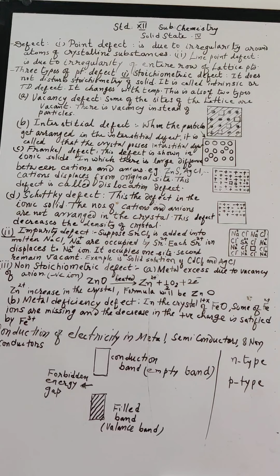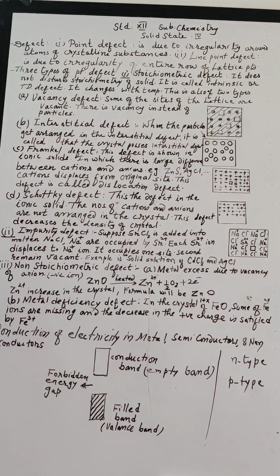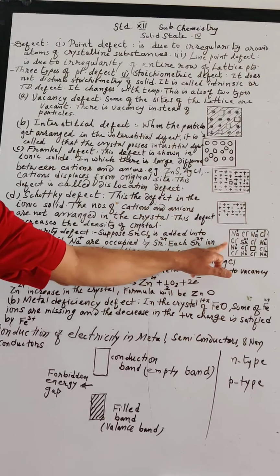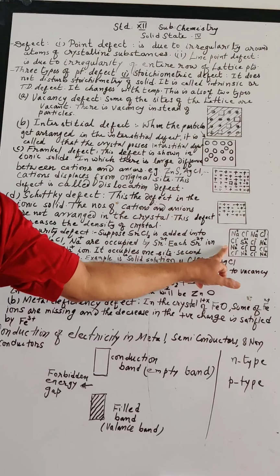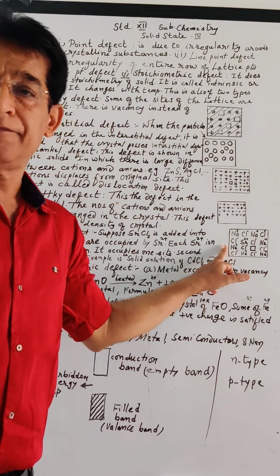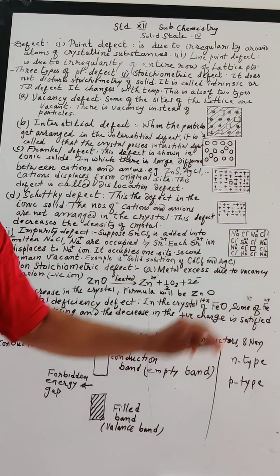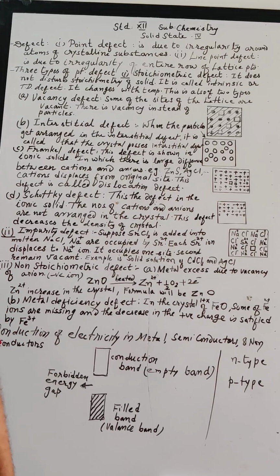Impurity defect. Suppose SrCl2 is added into molten NaCl. Na+ ion is occupied by Sr2+ ion.